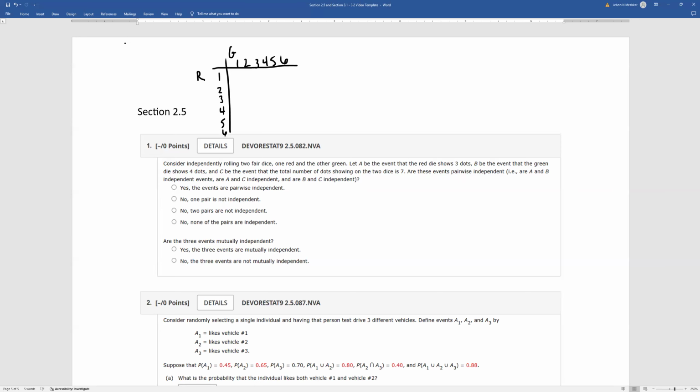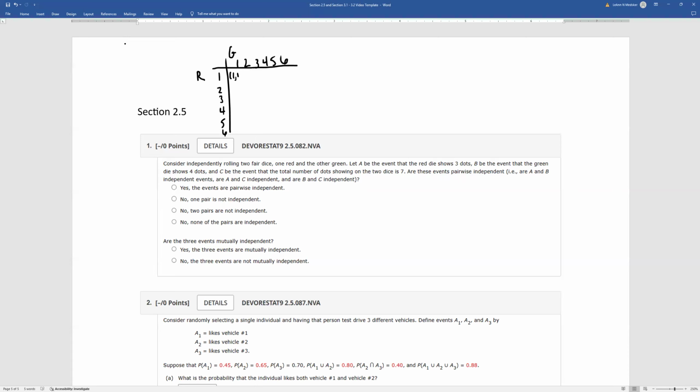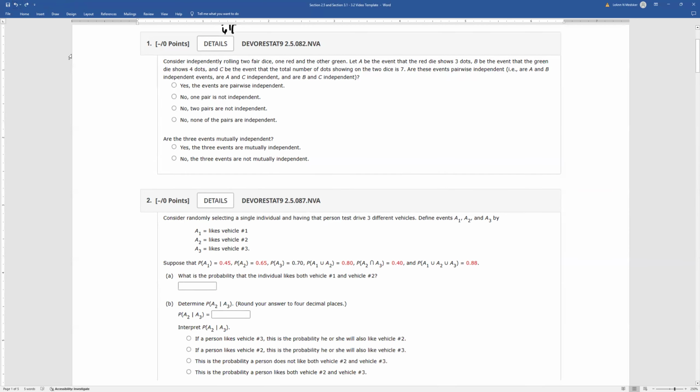When we put them together, I'm not going to write out every combination, but you're going to have what look like ordered pairs, where you're saying this is rolling a red one and a green one. Then we'll have 1, 2, and then 1, 3, all the way up to 1, 6. We'll go down this way where it'll be 2, 1, 2, 3, all the way down. Sorry, I tried to talk and write at the same time.